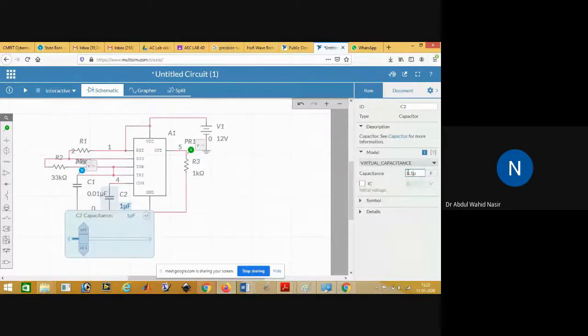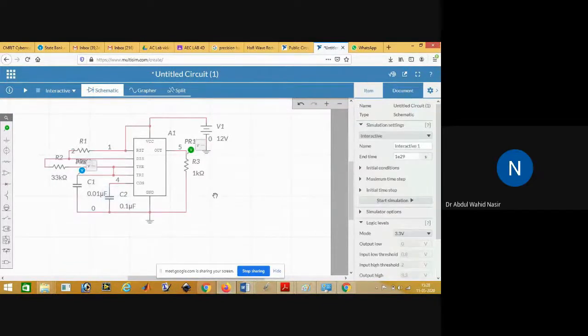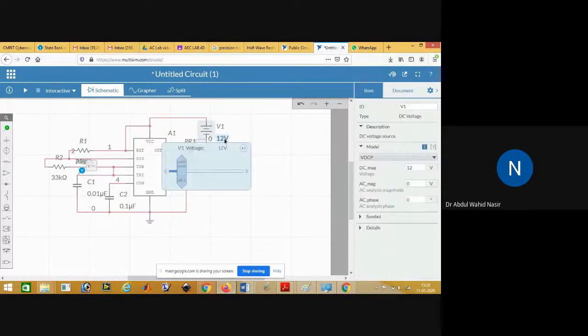R3 will be the same, 1 kilo. The supply voltage can vary from 5 to 15 volt, but we will fix the VCC value as 5.